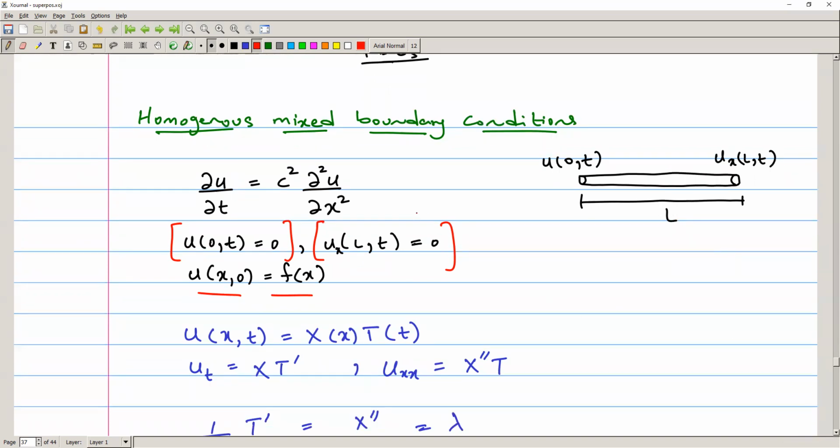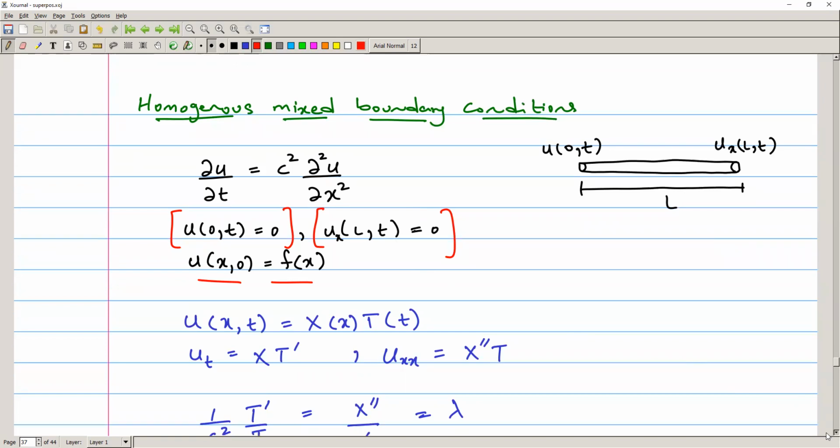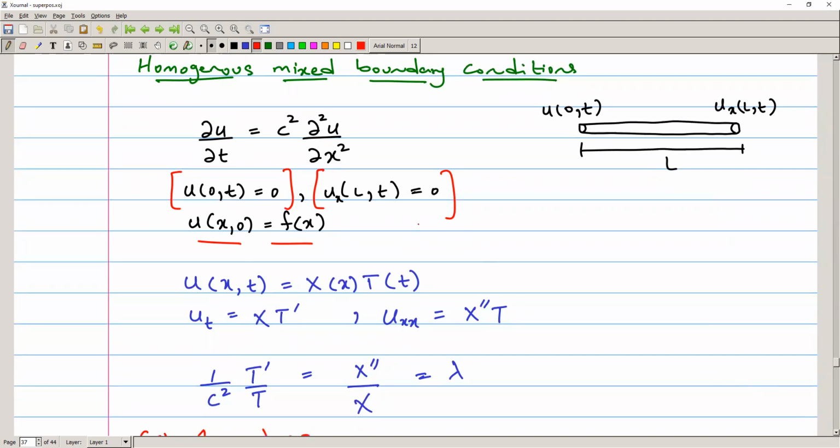We know that for homogeneous boundary conditions, we start from the separation of variables, and then we talk about the three cases: lambda equals 0, lambda greater than 0, and lambda less than 0. Here we separate the variables by assuming that u is a function of x and t.